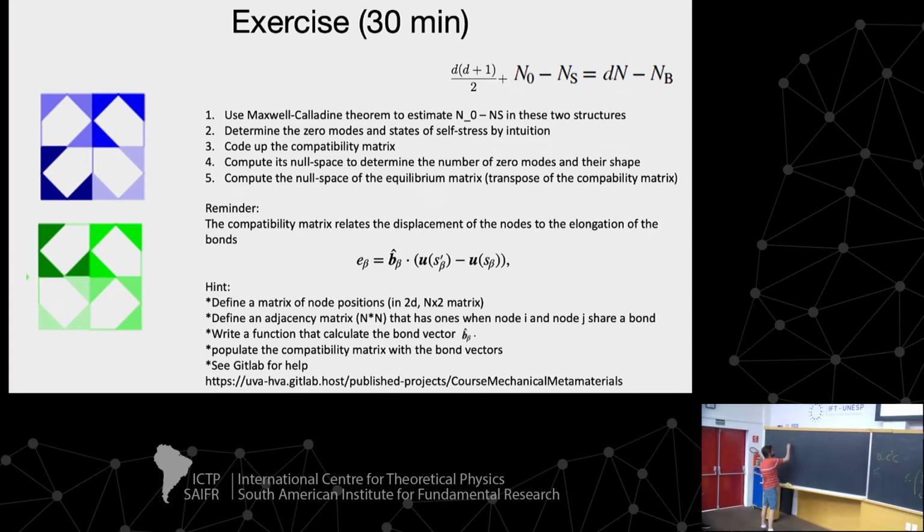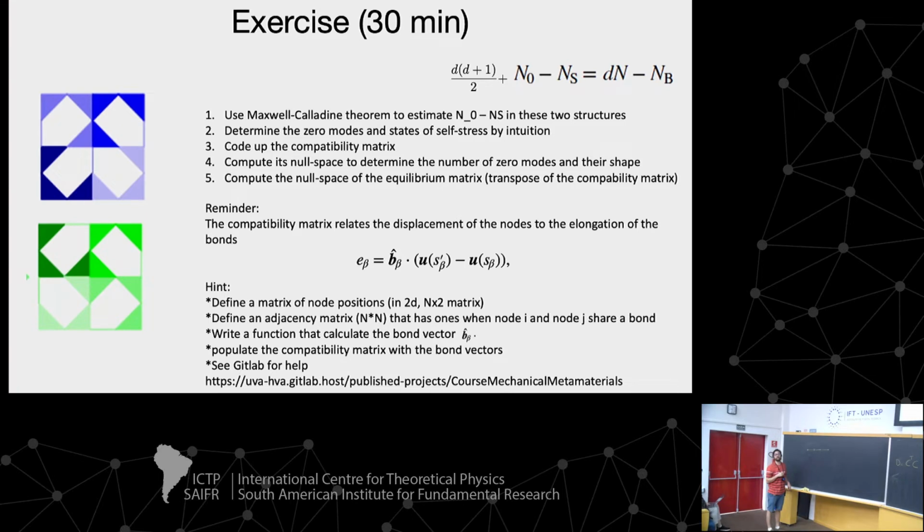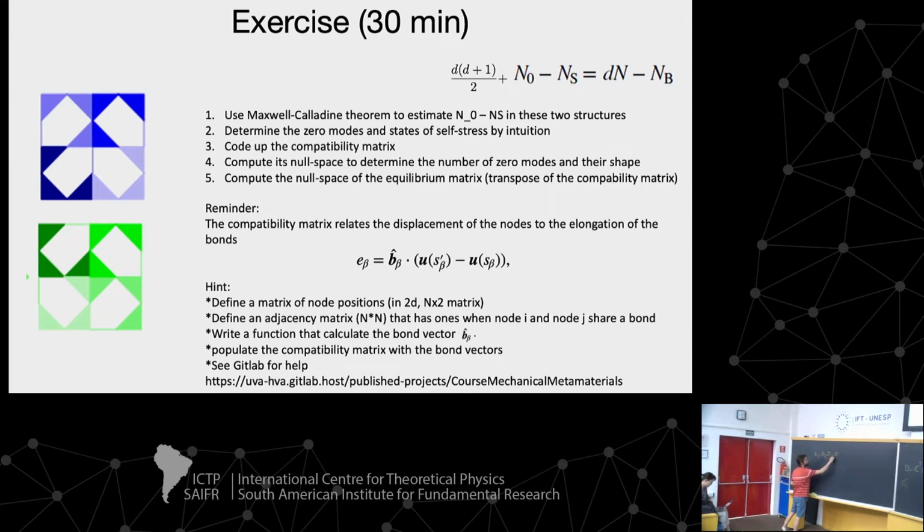Yes, for instance, if we take the example of Xiaoming yesterday, just a 1D line of springs, right? So here you have U1, U2, U3, U4, right? Then you would have elongations in the springs, epsilon 1, epsilon 2, epsilon 3, right?